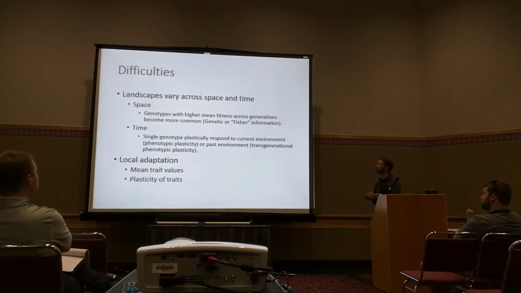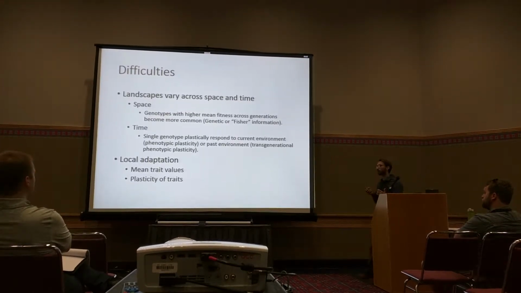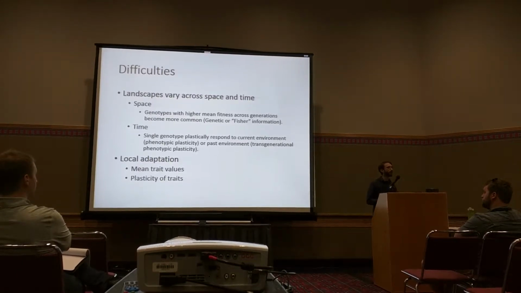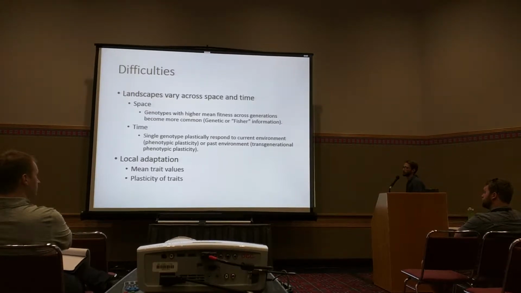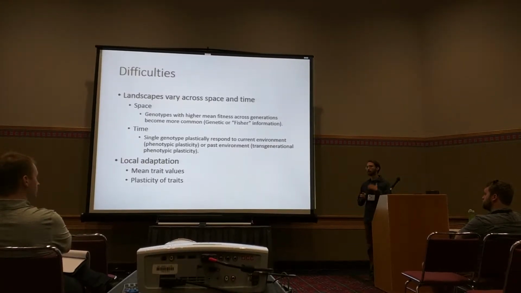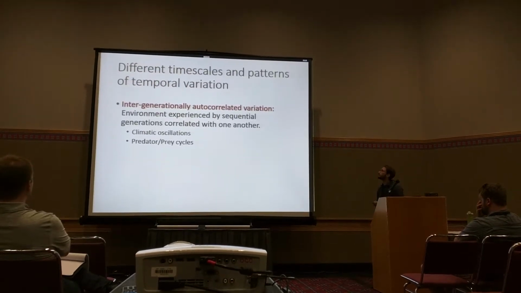But also there's variation across time: seasons, days, obviously lots of different ways of thinking about that. And because of that, there's also local adaptation within these sites that selects for individuals that are able to plastically respond to their current environment or transmit that information between generations to produce phenotypes that are more likely to be successful in future environments.